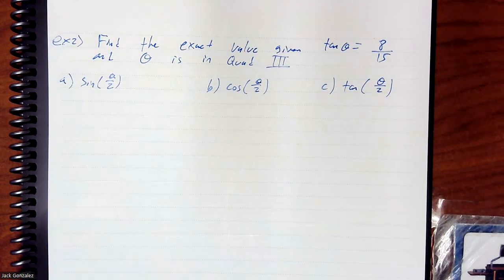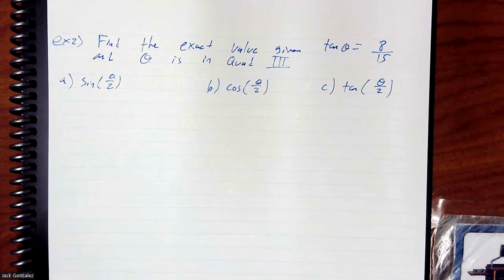Now, before we do any work, we should figure out what that quadrant means and deal with that half angle stuff. Build a triangle, etc. Okay. So quadrant 3.